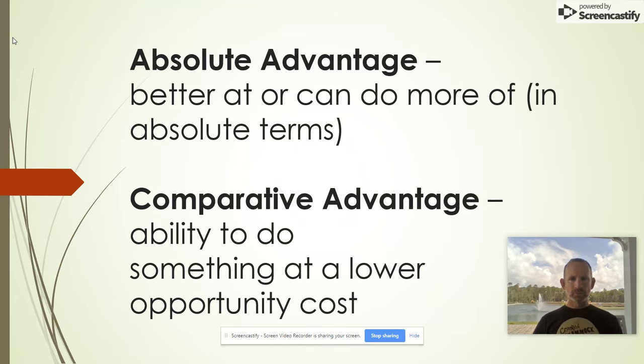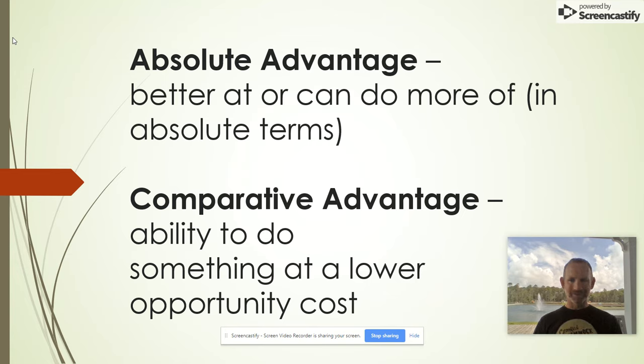This relates to 2 key terms. Absolute advantage just means that someone or some country is better at something or can do more of it in absolute terms. That is actually less important than you might think. We're not going to talk about that much, but if 2 people go for a race and do a 100-yard dash and I win, great, I have absolute advantage at running.